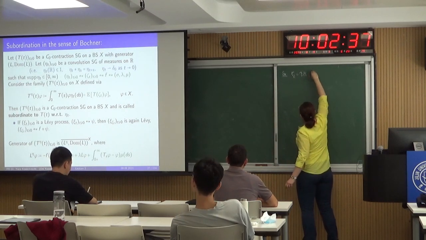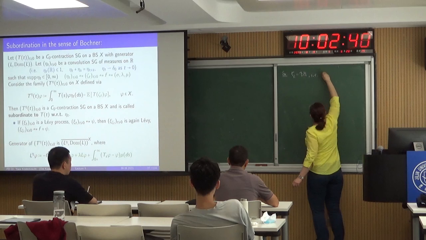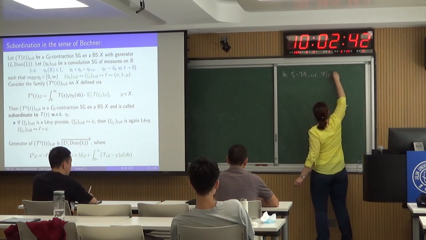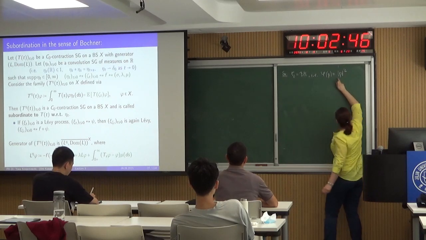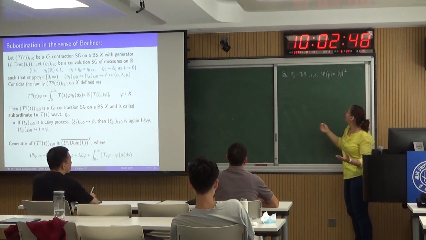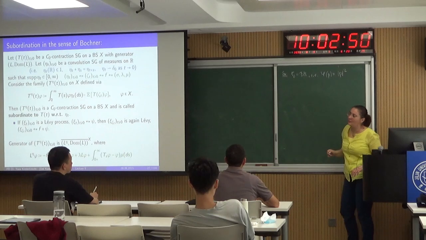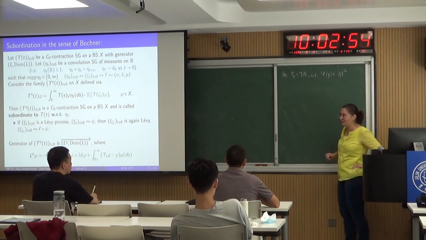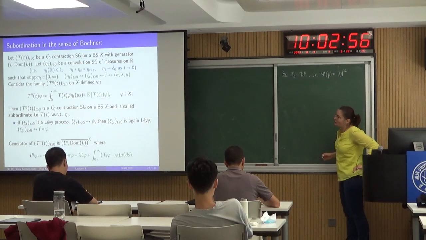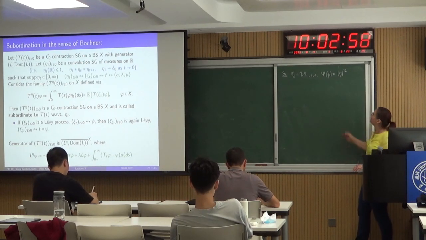Its symbol, psi of p, is equal to p squared. I dropped the 1/2; we don't need to care about this 1/2. It depends on how we define the motion, whether Brownian motion is twice as fast or twice as slow.